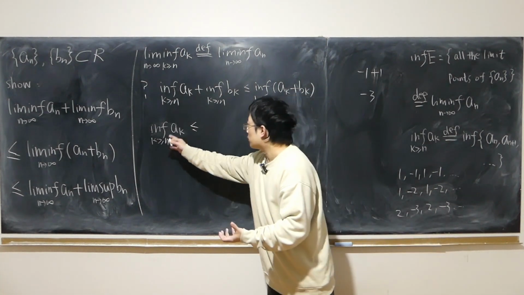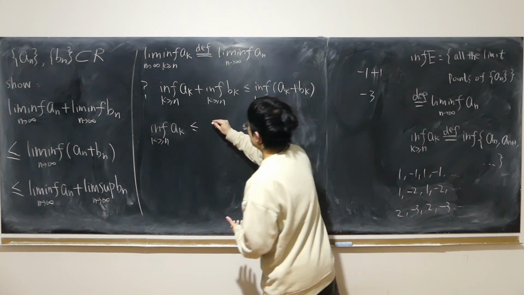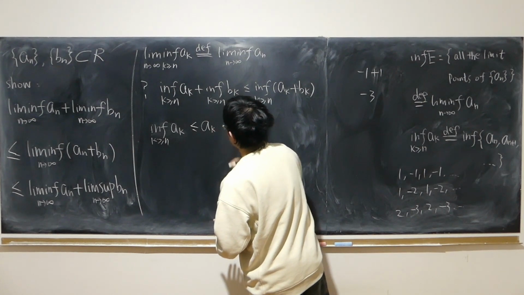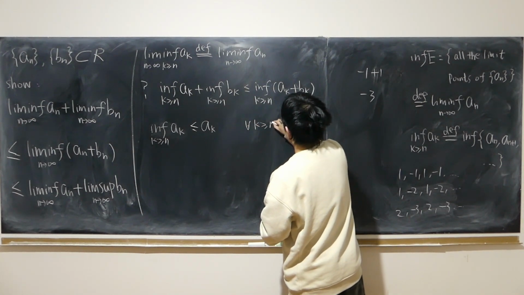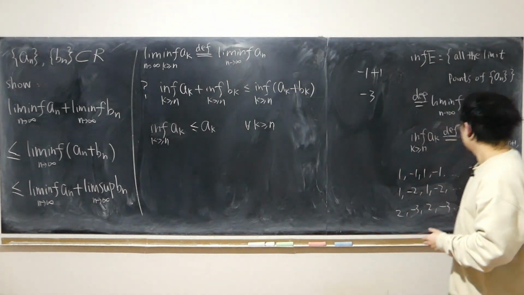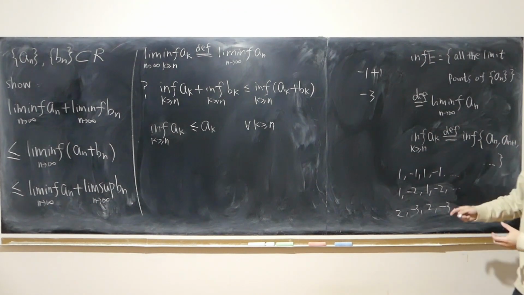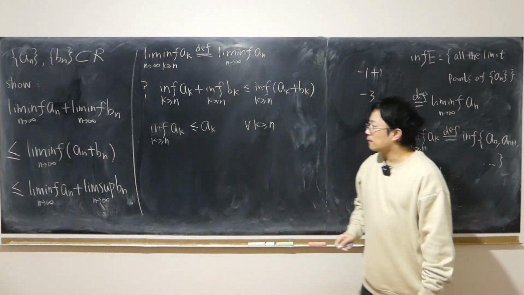Since it's a lower bound, every element should be bigger than this: ak for any k bigger than or equal to n. In other words, any element from this set is bigger than or equal to the infimum.